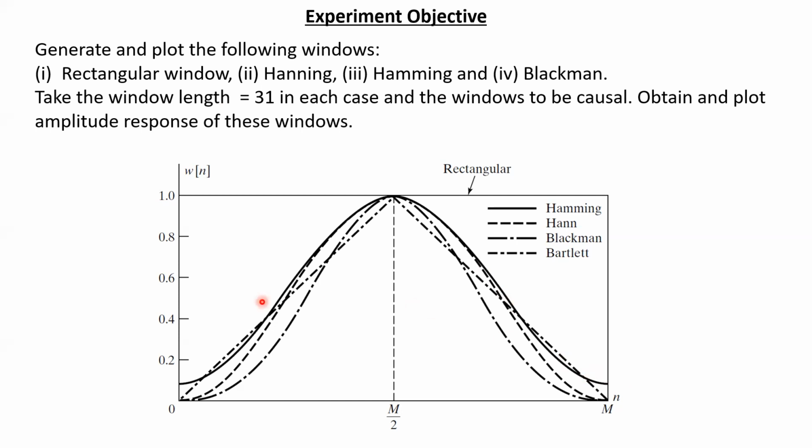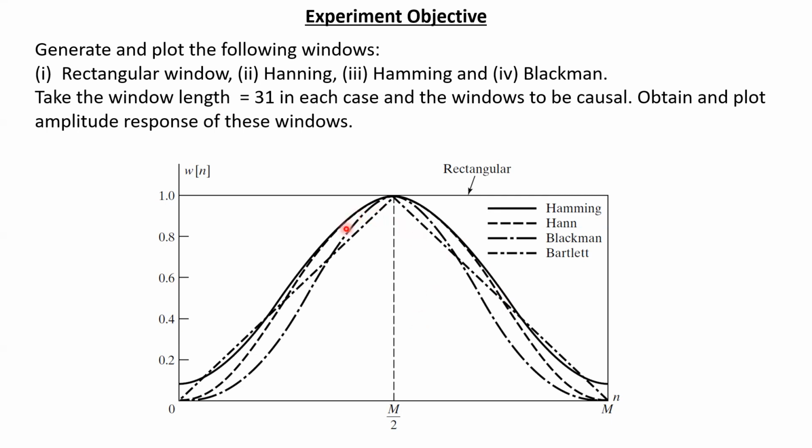If you sample this continuous waveform, you will get the discrete sequence. It is just like plotting the envelope, so it is not exactly the window shape. The shape will be similar to the picture shown, but it will be discrete in nature, not a continuous curve.